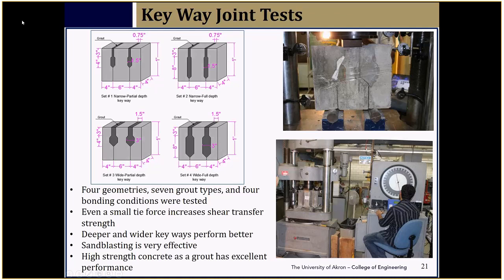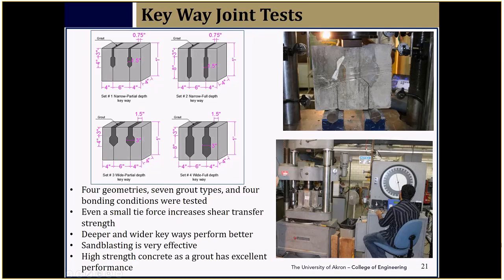And this was twice as much, so the width was increased by a factor of 2. Then we kept the same width as our ODOT keyway width and increased the depth. And in this set, we increased the width by a factor of 2, and also the depth was increased to 4.